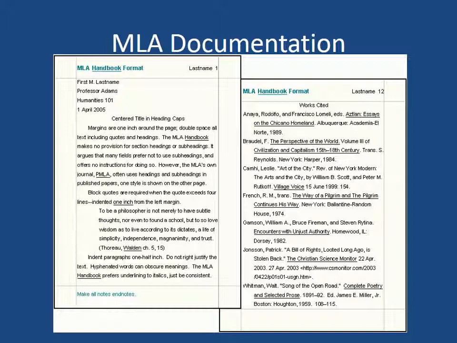Here's an example of the first page of a paper and a works cited page. I don't believe that these 2 papers go together because I don't see Thoreau on the works cited page, which would be the first thing I would look for when I see your paper. However, these are 2 good examples of how MLA is formatted, and this should be again in the grammar manual that you do or do not have, and I will be giving you more information concerning MLA within the actual structure of the course itself.